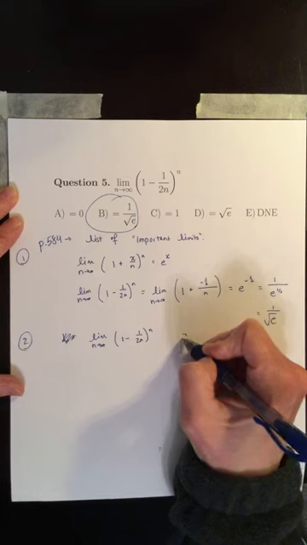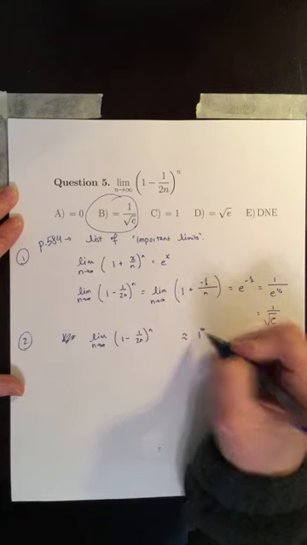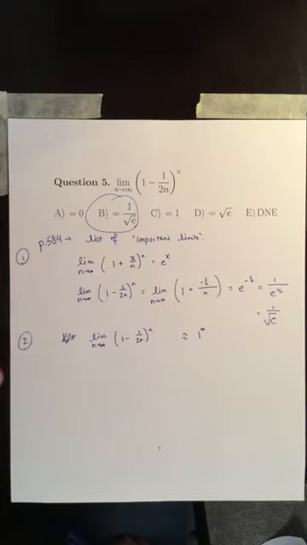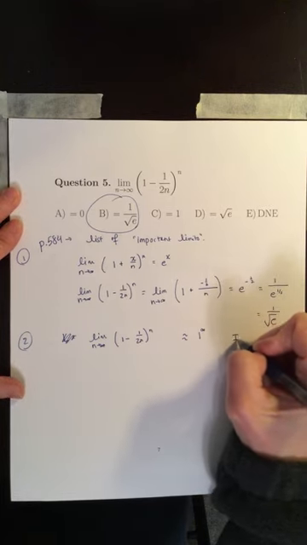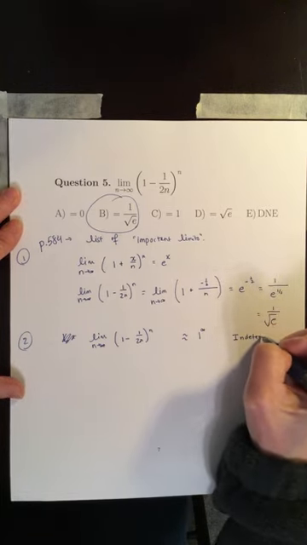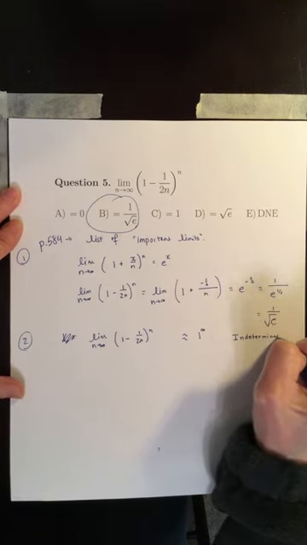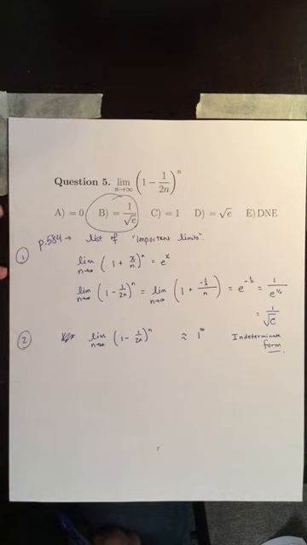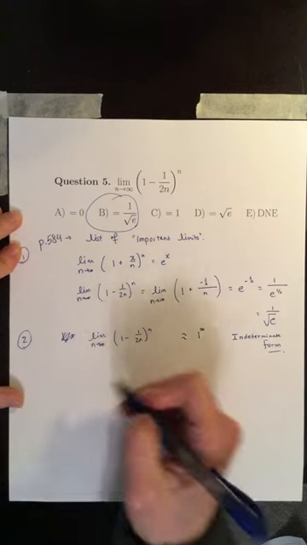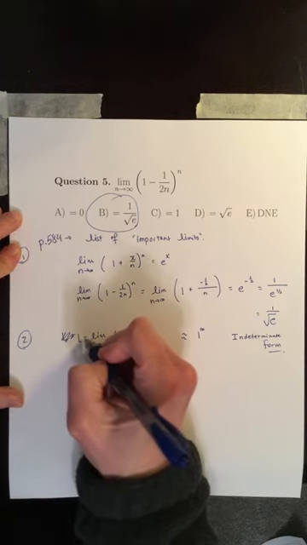So this looks like 1 to a very large number. Now this is not 1, this is an indeterminate form. So therefore, we can apply L'Hopital's rule once we get it in a form where we have a function divided by another function.